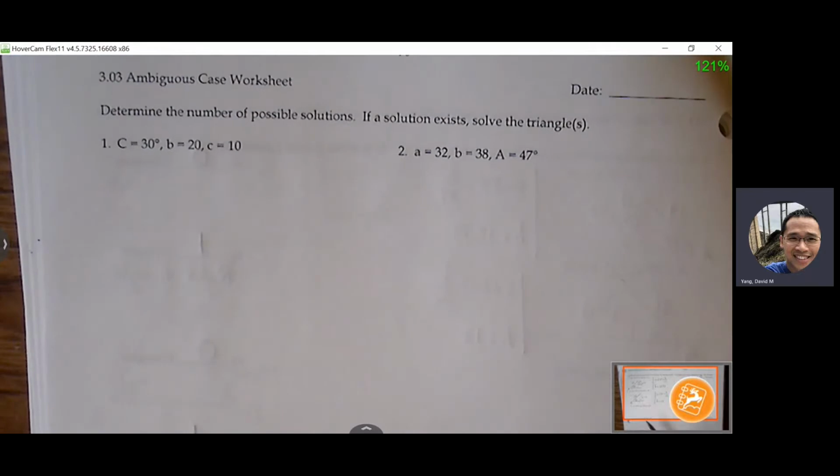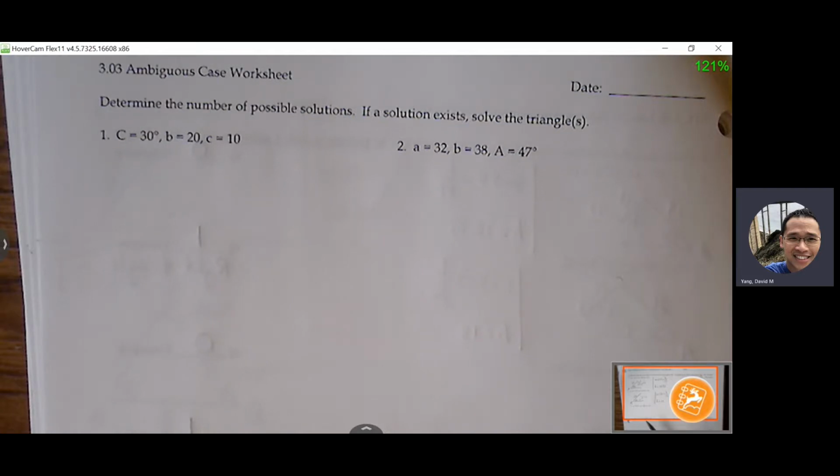Okay, so now after we discover whether it's 0, 1, or 2 triangles, if it's 1 or 2 triangles, we're going to find all the missing sides and angles. We're going to solve the triangle. Okay, so number 1.